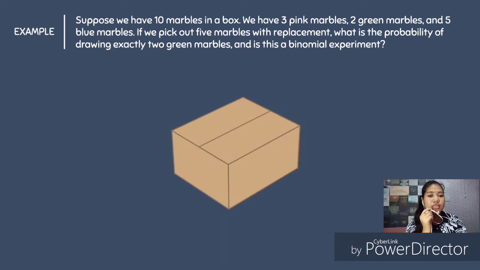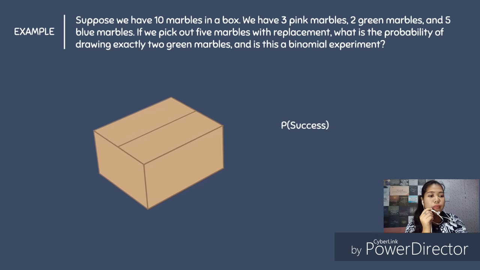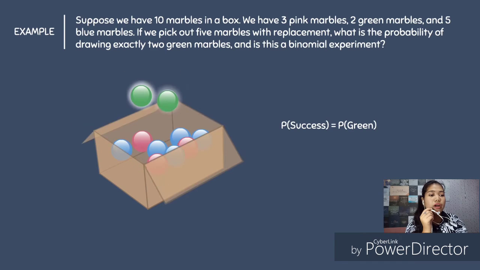Now let's calculate some probabilities. The probability of success is equal to the probability of drawing a green marble, since there are 10 marbles in the box and only 2 of them are green. The probability of drawing a green marble is equal to 2 over 10 or 0.2.